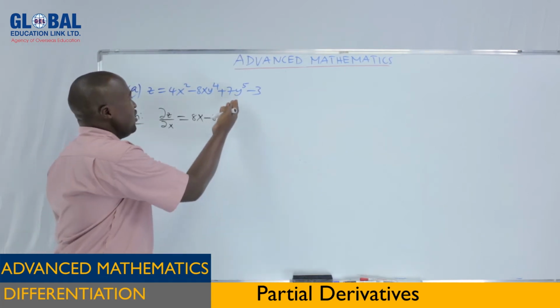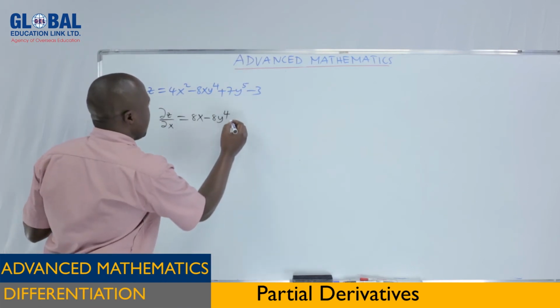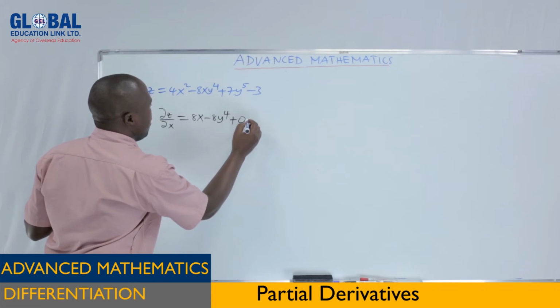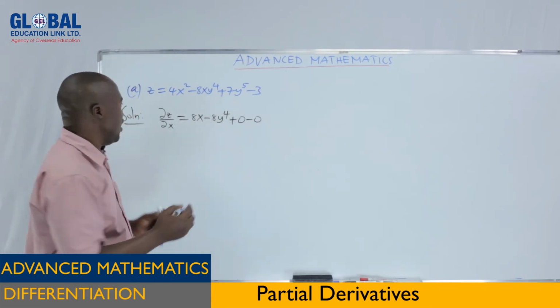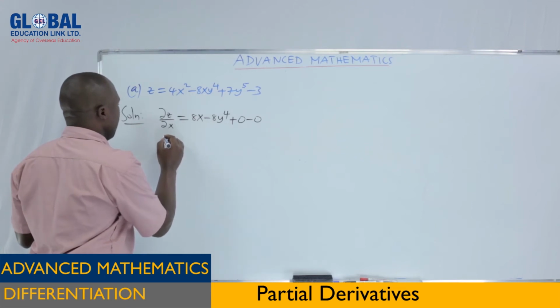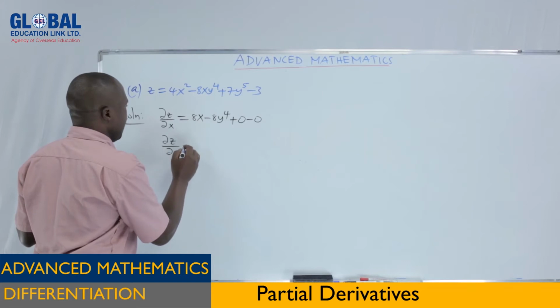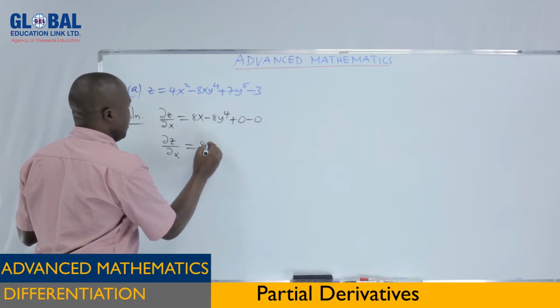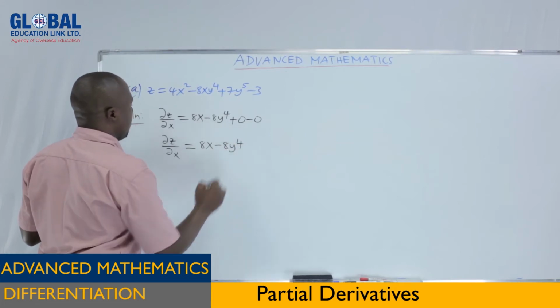Now we have 7y power 5, but y is constant. In this case, we have 0, then minus 0. So, partial derivative of z with respect to x is equal to 8x minus 8y power 4.